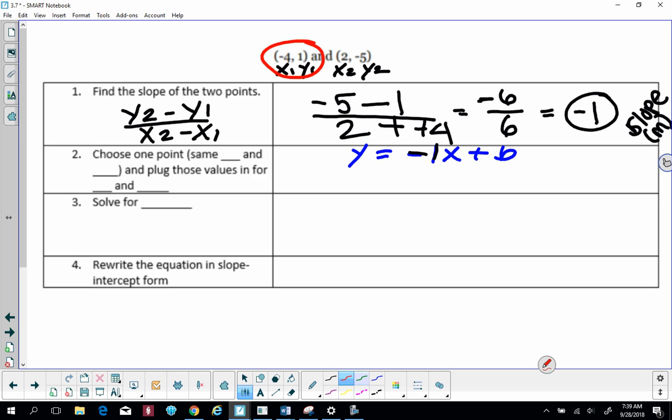But all you're doing is choosing one point, the same x and y, and plugging those values in for x and y. So I know that -4 is my x in this point, and 1 is my y. And so I'm going through the same steps I just did. So instead of y, I'm going to plug in 1. Instead of x, I'm going to plug in -4.